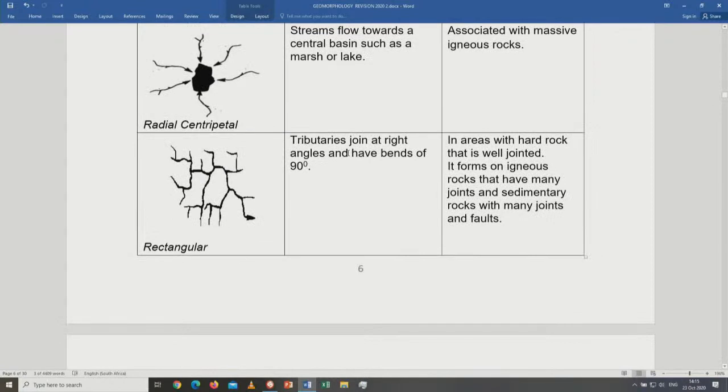And then rectangular: tributaries join at right angles and have bends of 90 degrees, in areas with hard rock that is well jointed. It's formed on igneous rock that has many joints, and sedimentary rocks with many joints and faults.